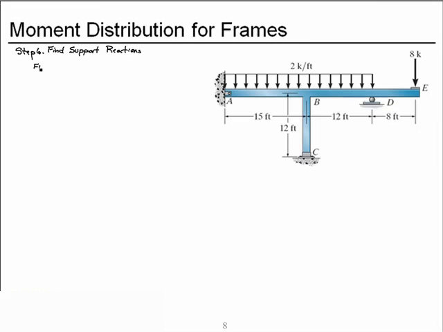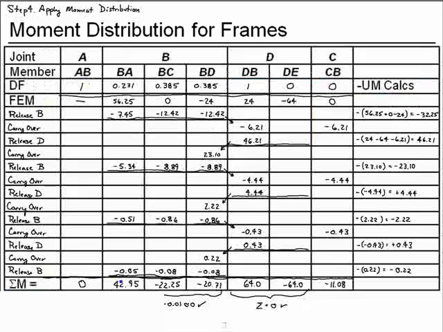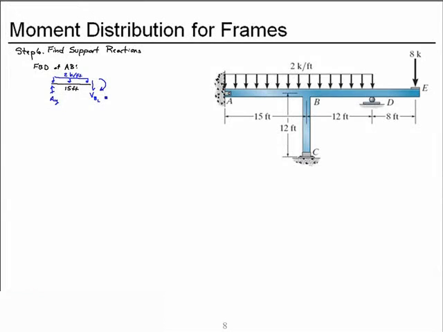And we'll start with member AB, which is 15 feet long, has a vertical reaction at A, distributed load of 2 kips per linear foot, unknown shear just to the left of point B, and a moment MBA, which we found to be a positive 42.95 foot kips.